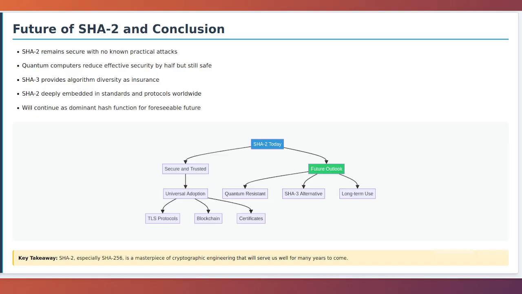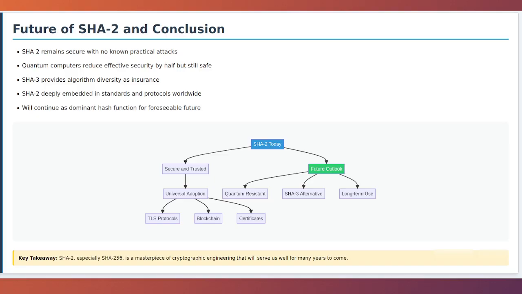SHA-256's security would be reduced from 256 bits to 128 bits in a quantum world, which is still considered secure. SHA-512 would retain 256-bit security. So even in a post-quantum world, SHA-2 remains viable.